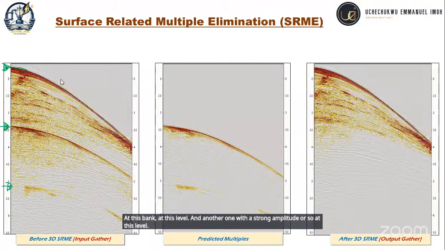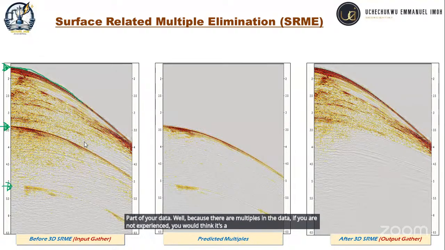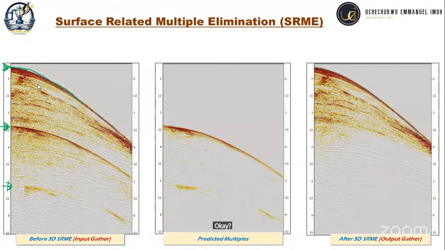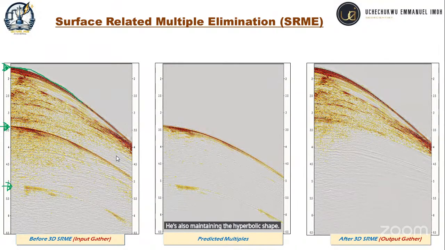They are all coming from the same sea floor, which is the first part of your data. But because there are multiples in the data, if you are not experienced, you will think it's a strong event. Looking at it, it appears very innocent, as if it's part of the data, because it also follows a hyperbolic shape, maintaining the hyperbolic shape of your seismic signals, but it's actually noise. So it's called a multiple.